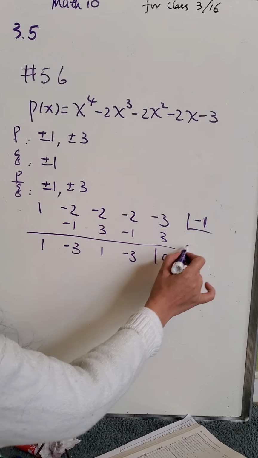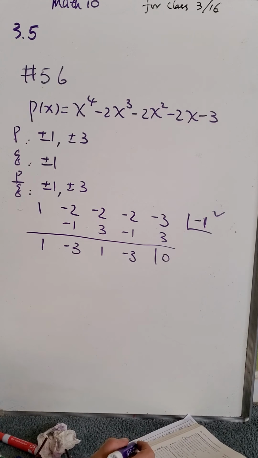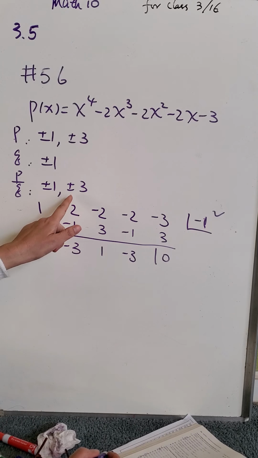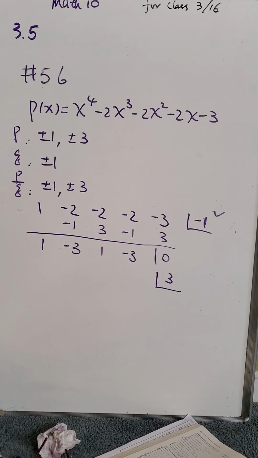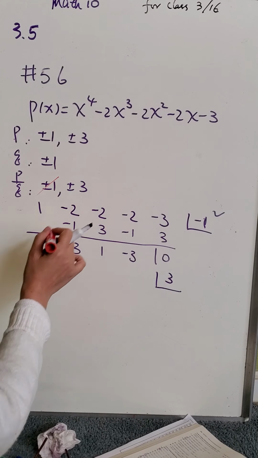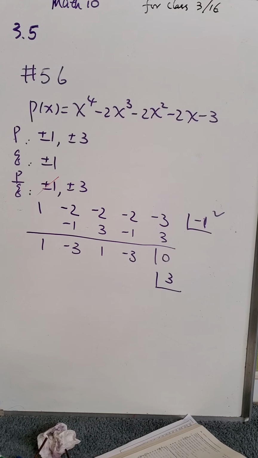So this one works. And then I try negative 1 again, doesn't work. So then I try positive 3, and positive 3 works. So you just narrow down, okay, if you try this one. So these are gone. So now you're going to try the last one.